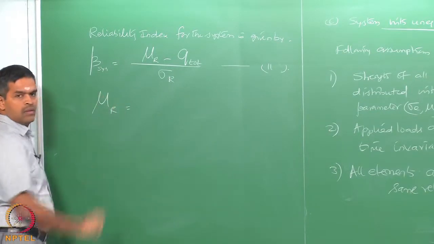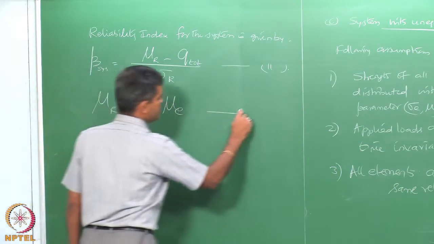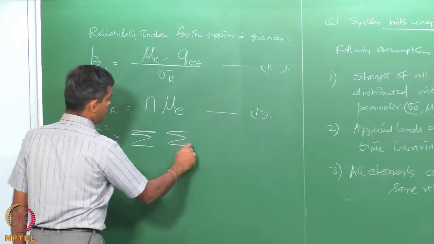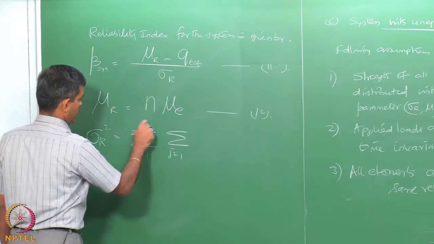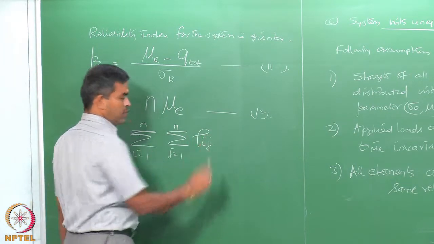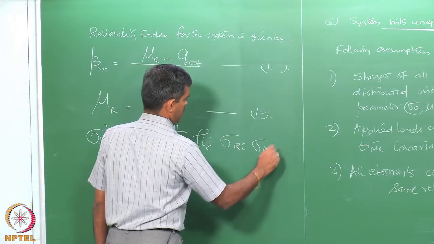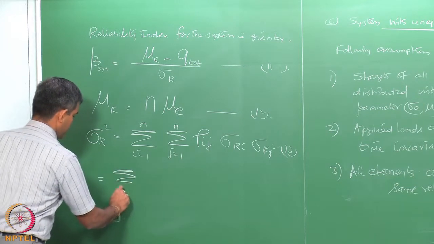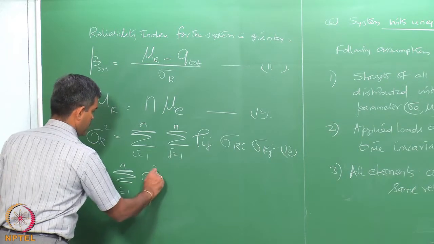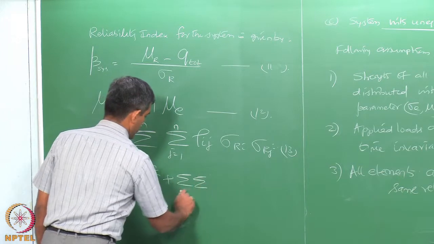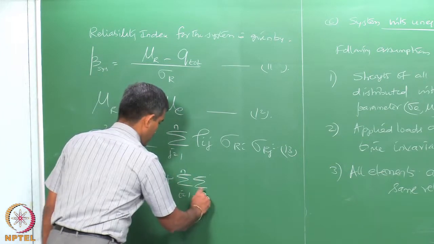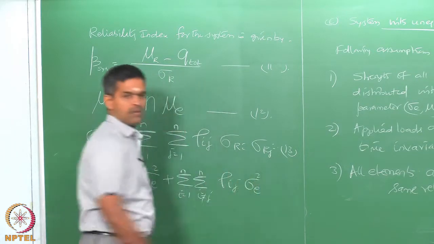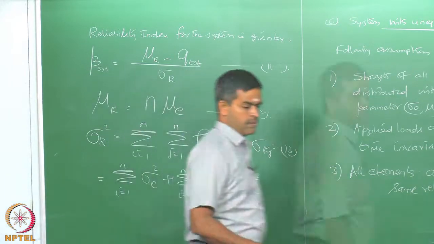Now, mu r is of course n mu e, and the variance is the summation of rho ij sigma ri sigma rj, which can be said as this, which can be further said as this.